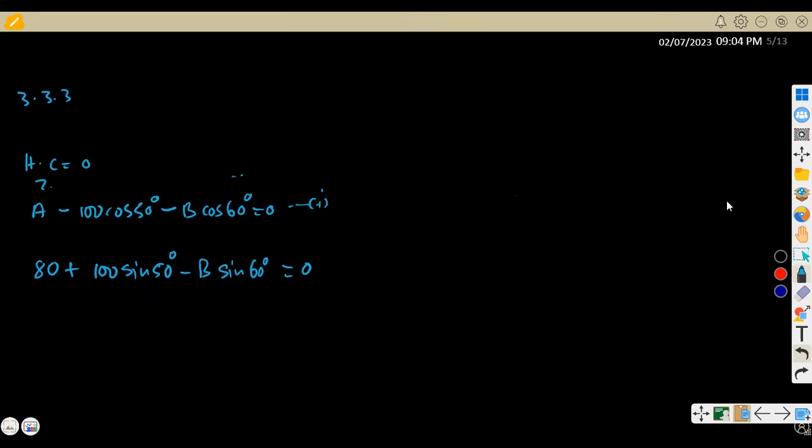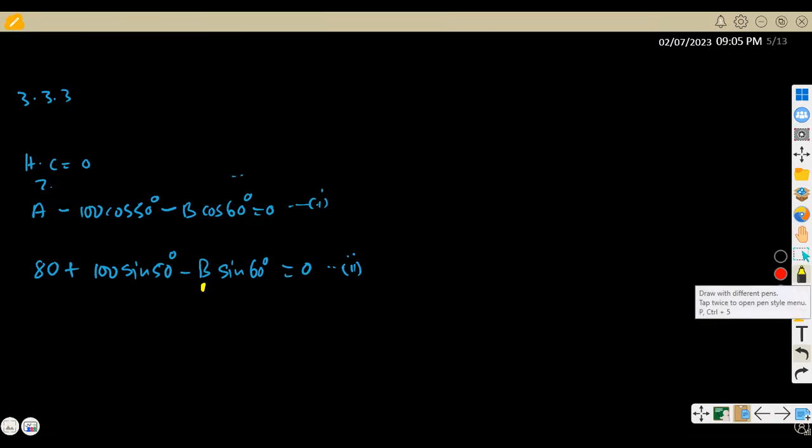If you check properly, guys, from our second equation you are going to see that we only have one unknown, which is B. So we can take advantage of that and calculate B from this part.